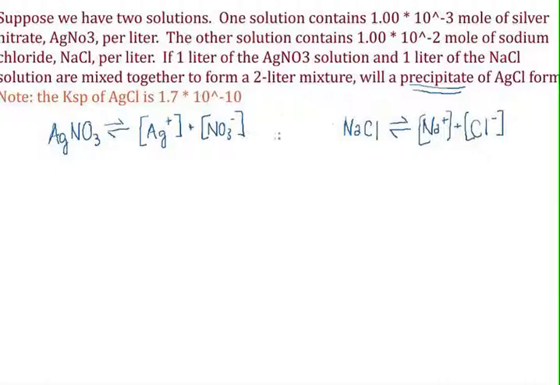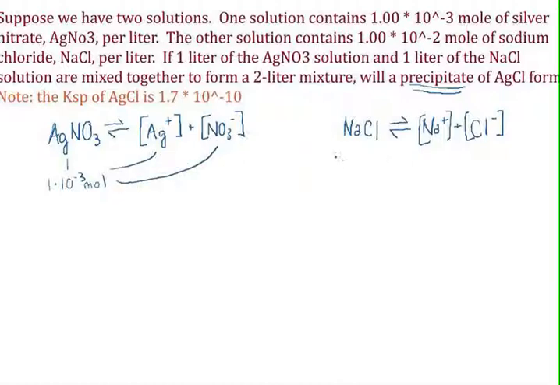Right? So in the original solution, they told us that we had 1 times 10 to the negative third mole of this guy, which means, you guessed it, we also have that much of this guy and that much of this guy.